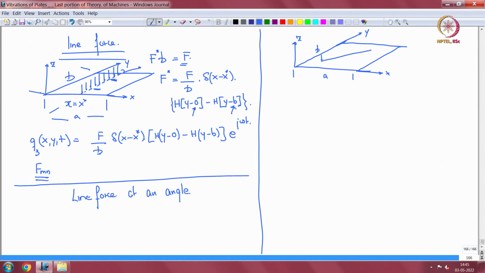It is a line force of uniform magnitude, but it is at an angle. Okay.